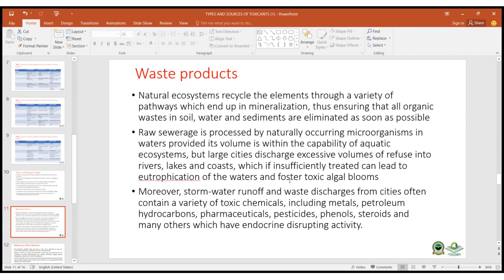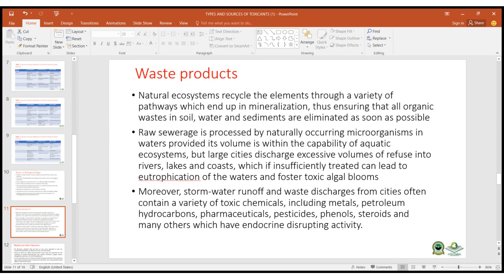And the worst part of it is that some of them contain these EDCs that are referred to as endocrine disrupting compounds. Now, these EDCs are compounds that have a similar structure to your endocrine system. The endocrine system talks about the hormones in your body.